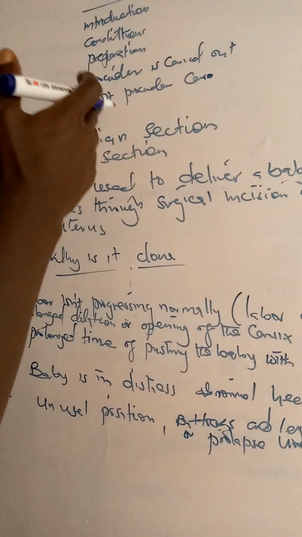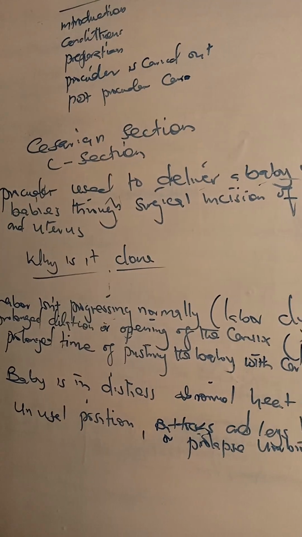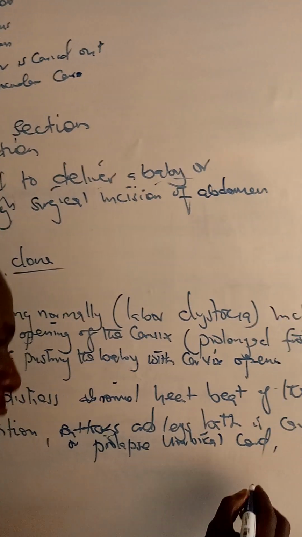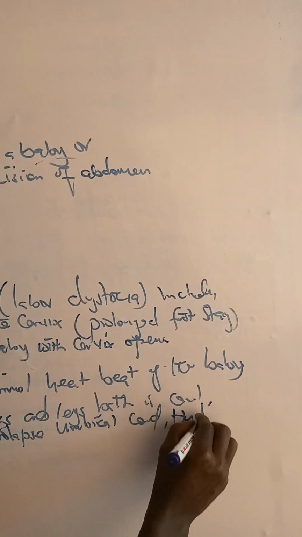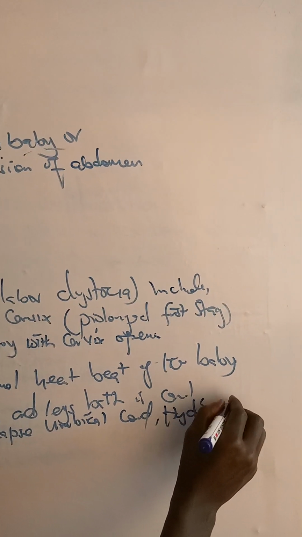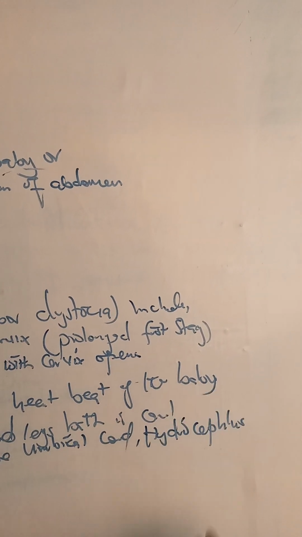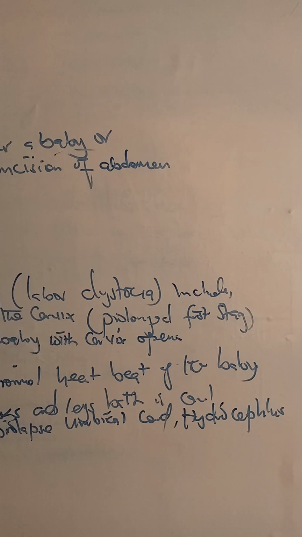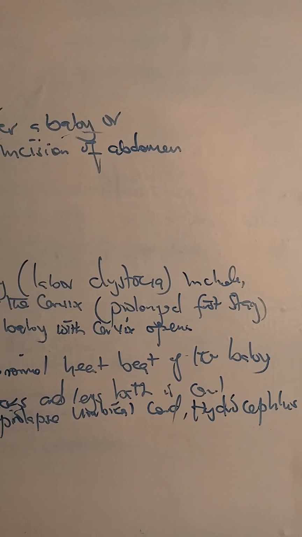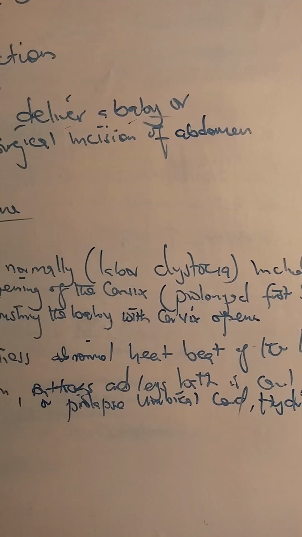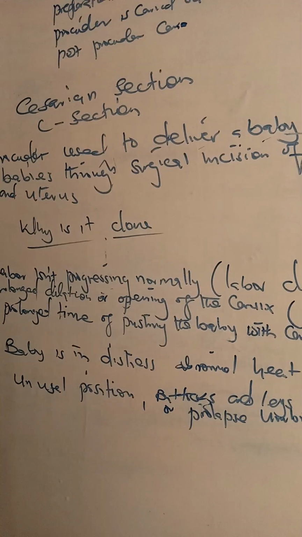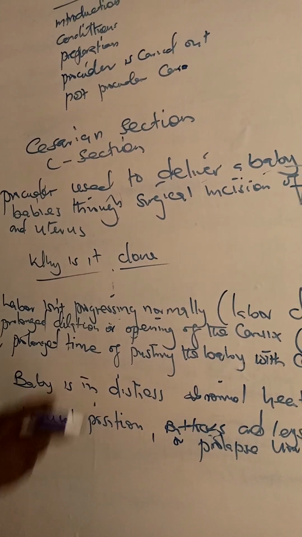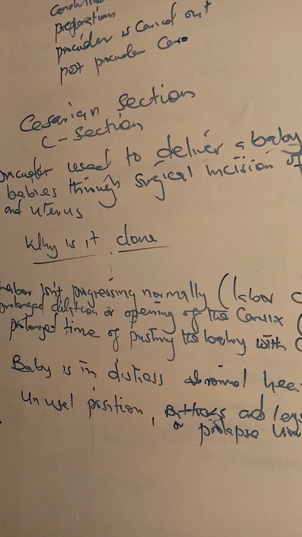Or there can also be a problem of hydrocephalus, where the baby's head has absorbed excess fluids that make it so big and the mother cannot push. So this mother may require cesarean section, or what you know as a C-section.